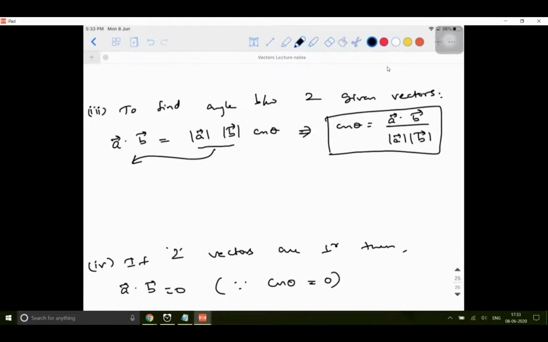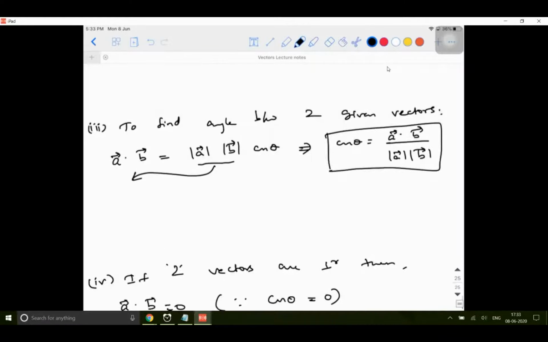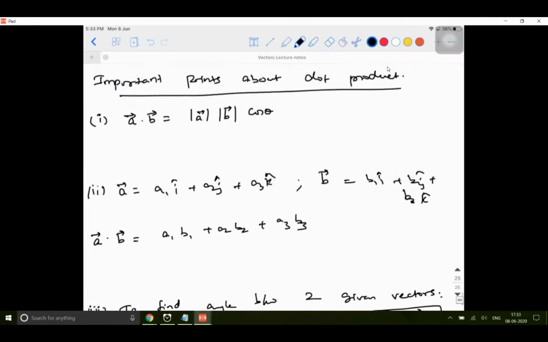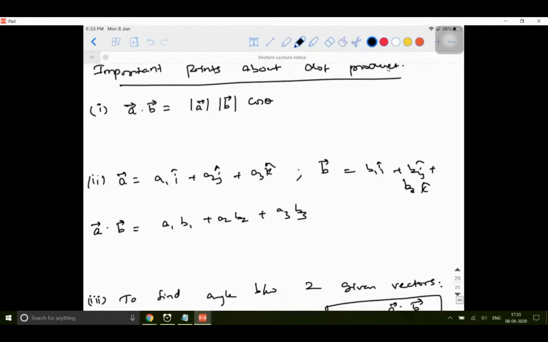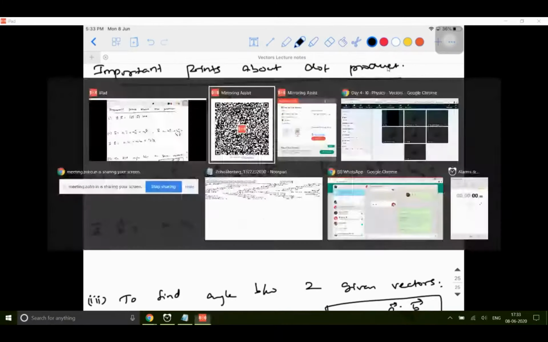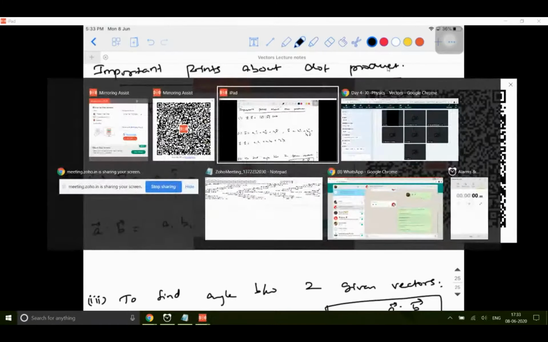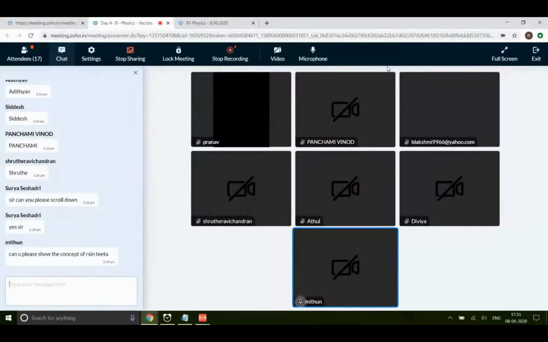I hope you have copied this. Then sometimes what they will ask is, so can you please show the concept of r sin theta?